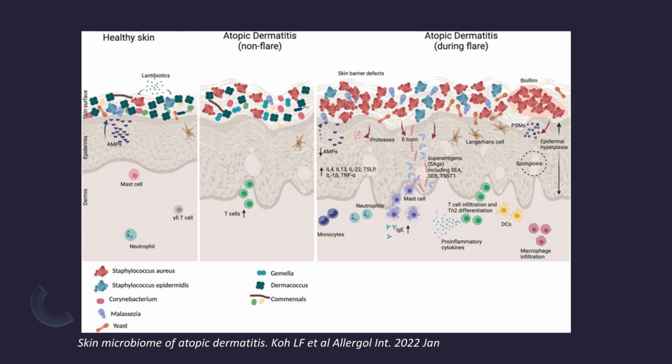In healthy skin, you can see there is a multitude of different organisms and there is skin microbiome diversity, so things are going on pretty smoothly. Whereas in atopic dermatitis, in a non-flare condition, you can already see there is definitely more Staph aureus, as represented by these red little circles. During a flare, it increases tremendously, and that also causes a lot more inflammation.